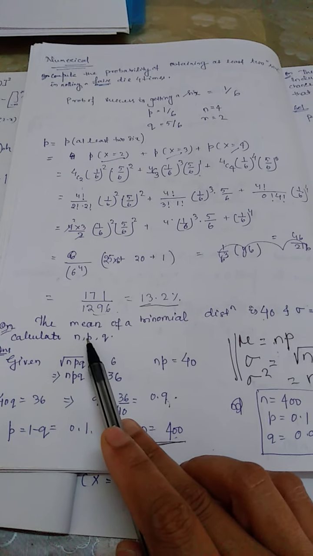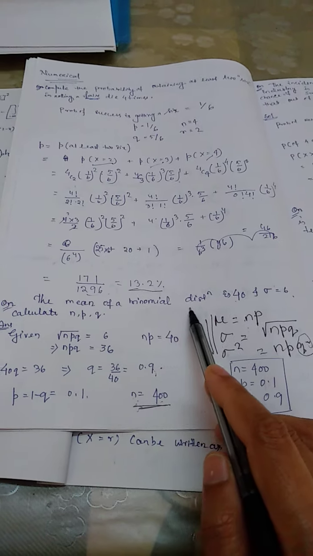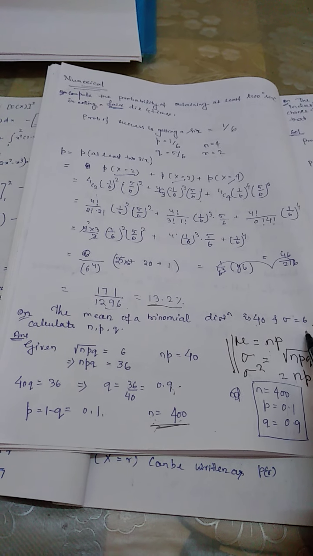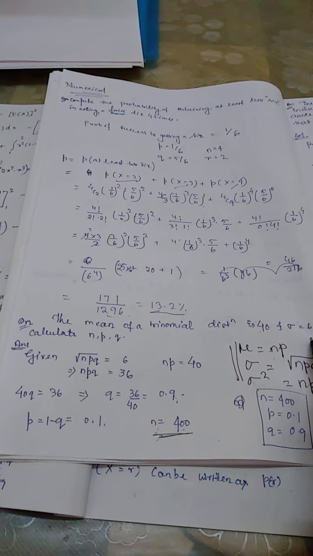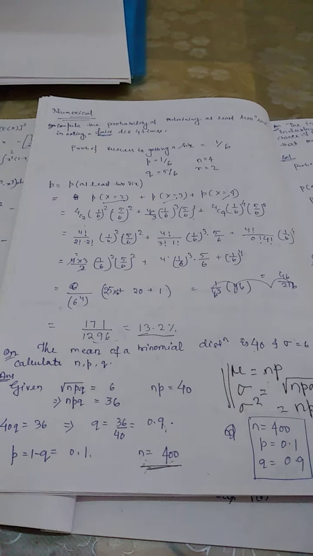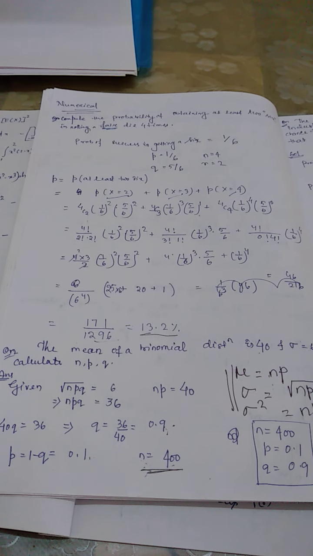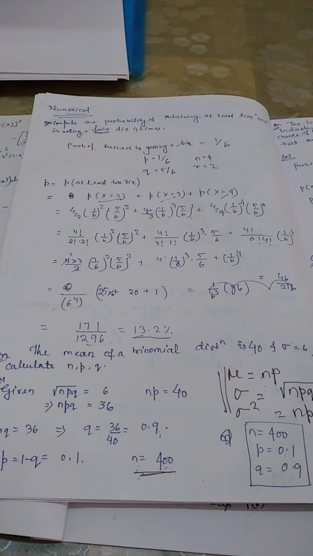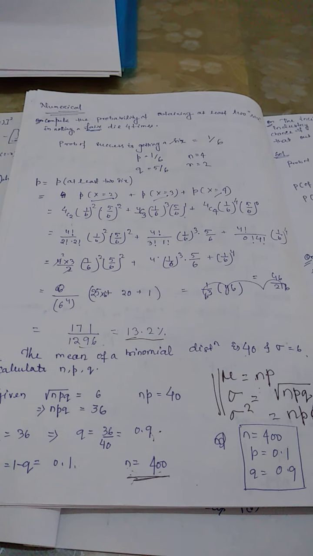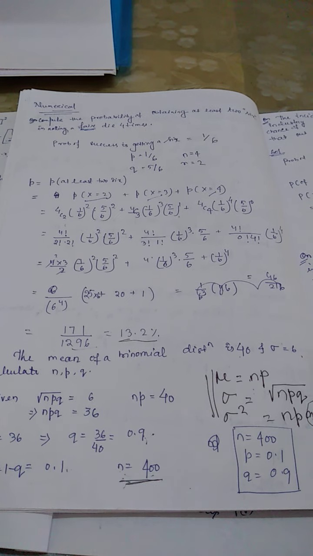Now our next question is, the mean of a binomial distribution is 40 and sigma is equal to 6. Then calculate the value of n, p and q. It may be asked in a different way also, that the mean and standard deviation are given to you. Calculate the number of trials, probability of success and probability of failure.